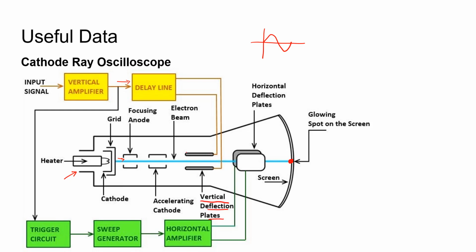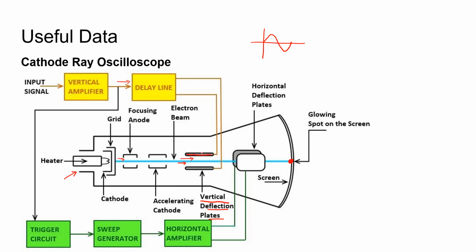The vertical deflection plates are placed horizontally in order to adjust this electron beam so that a vertical displacement is made because of these plates. The electron beam is passed through these accelerating cathodes and it is allowed to pass into the gap between the vertical deflection plates.